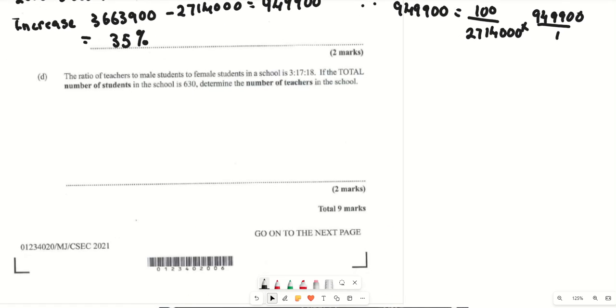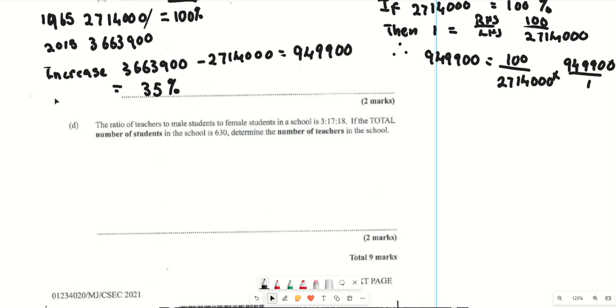Last question now, part D. Part D says the ratio of teachers to male to female students is 3 to 17 to 18. The order in which they give the ratio is the order of the ratio itself.